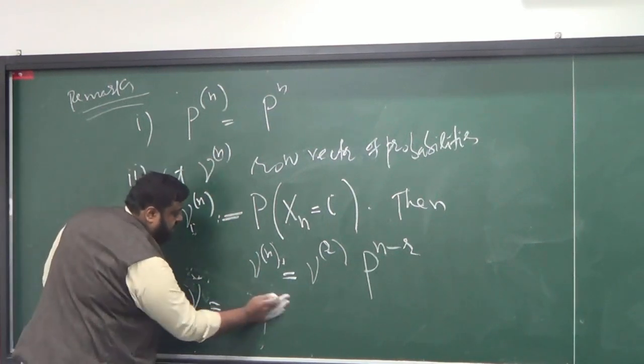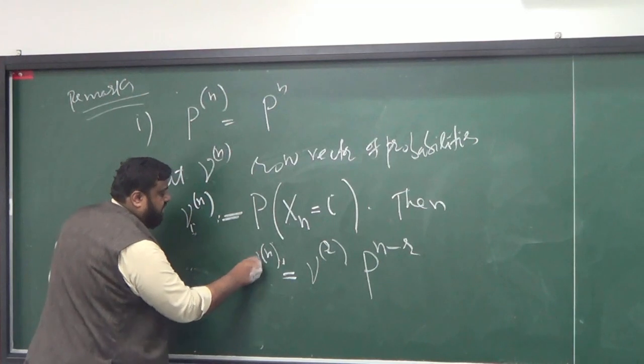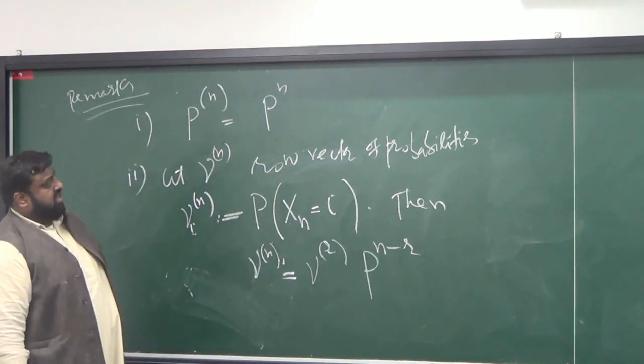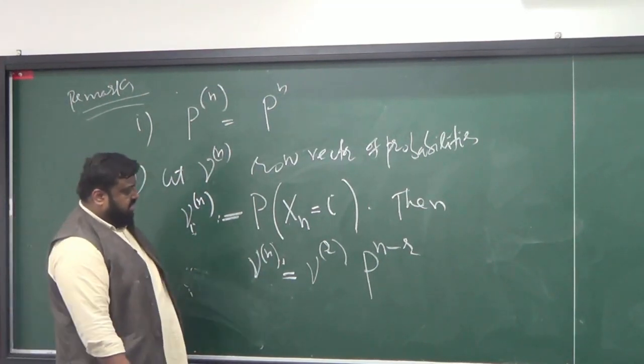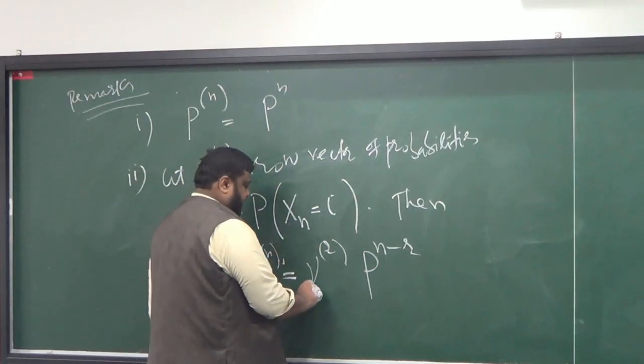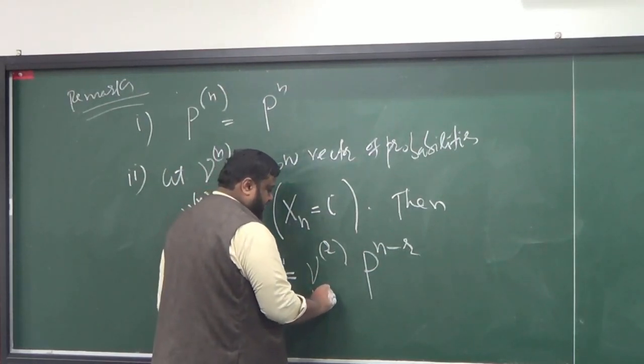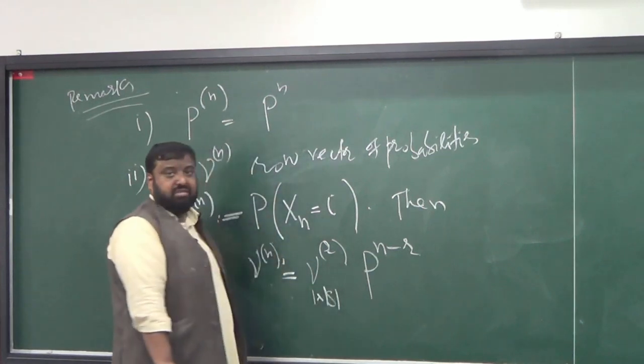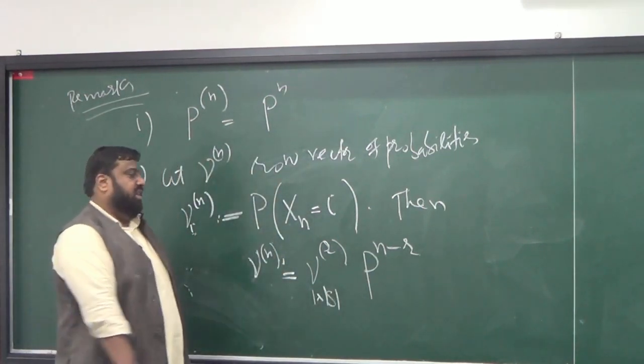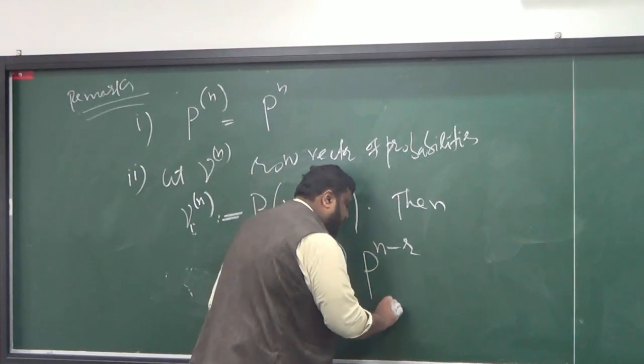Sir, which vector is this? Multiplication would make sense. This is a row vector of order 1 by |S|, and this is the matrix of order |S| by |S|.